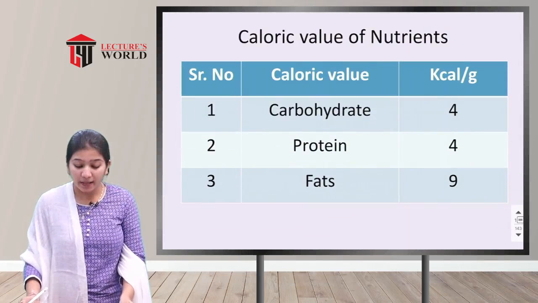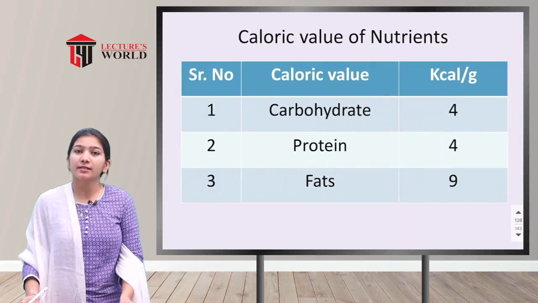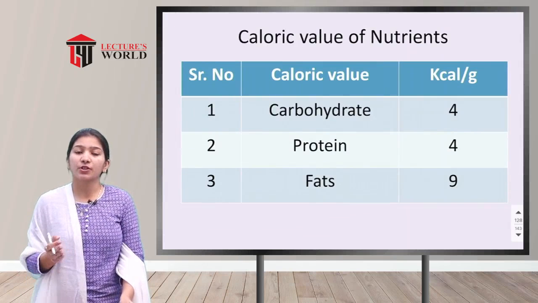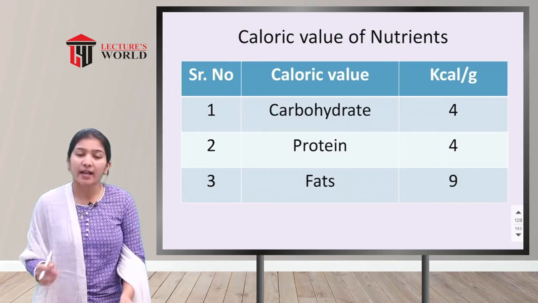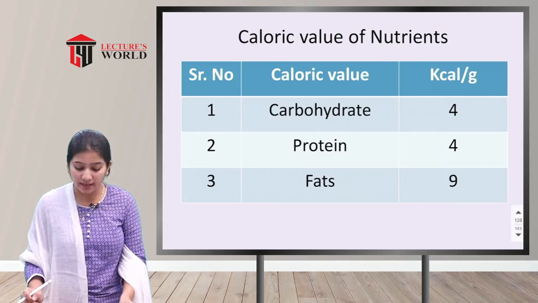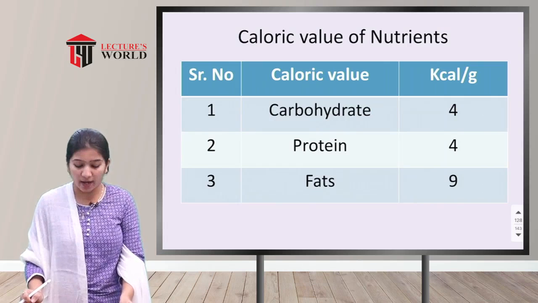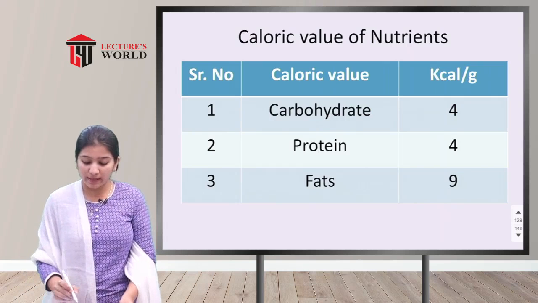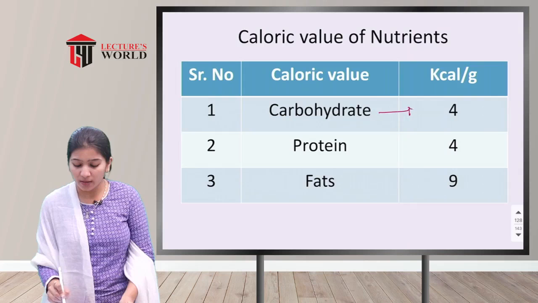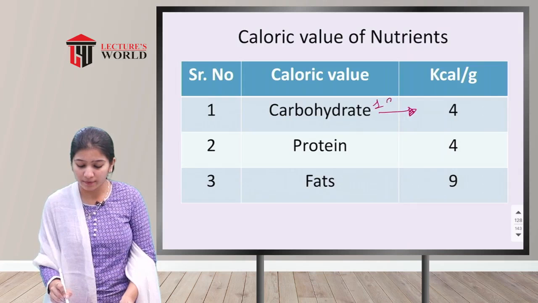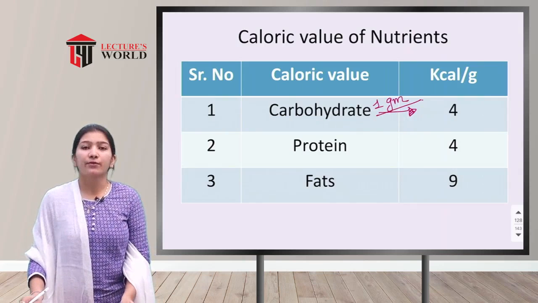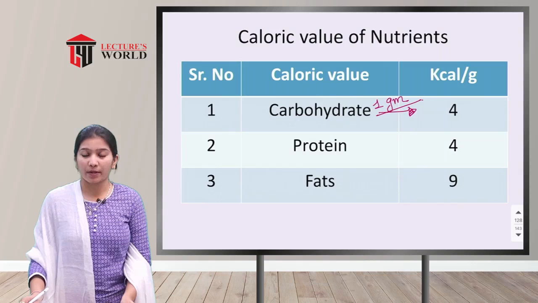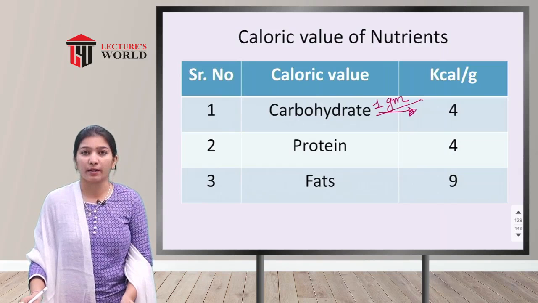Next is the caloric value of a nutrient. As I have told you, from each nutrient you get a certain amount of calories. Here I have mentioned 3 nutrients: carbohydrate, protein and fats. If you are having 1 gram of carbohydrate, you will get 4 kilocalories.